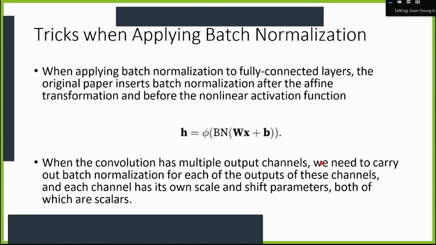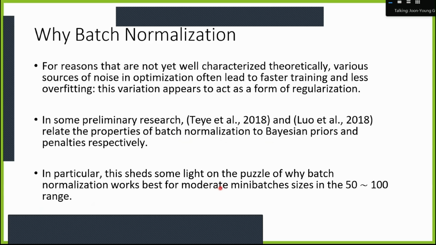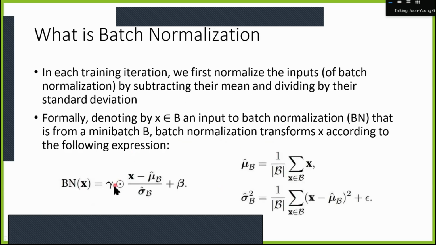Each channel will again have its own scale and shift parameter. I think I forgot to mention this, but the shift and scaling parameters are recorded for each neuron in the context of the MLP.